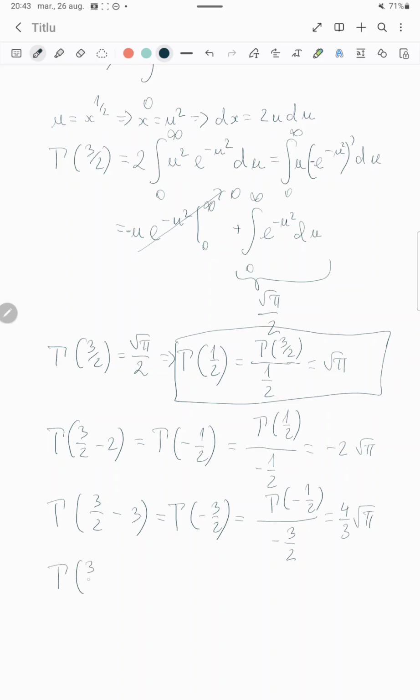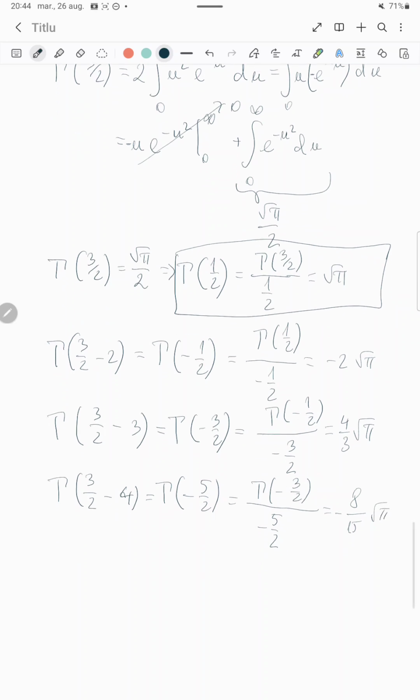And for 3/2 minus 4, that's going to be gamma of minus 5/2, which is equal to gamma of minus 3/2 over minus 5/2, which is going to be minus 2/5 times this result, and that's going to be minus 8/15 square root of pi, and so on.